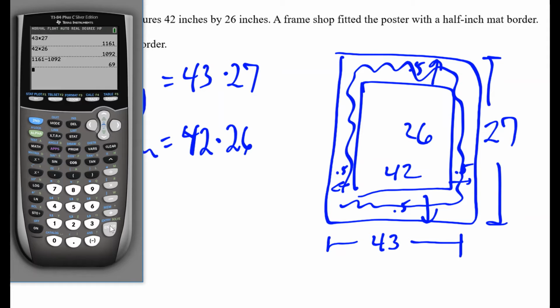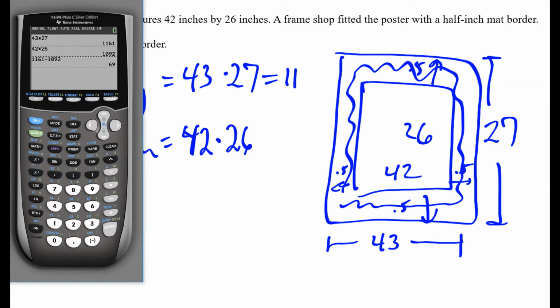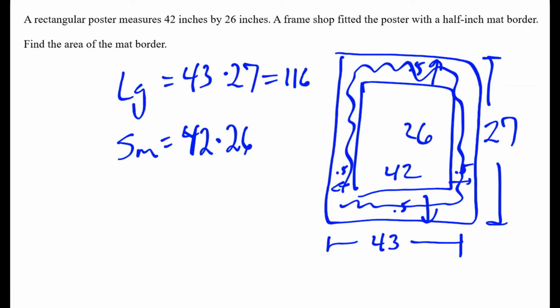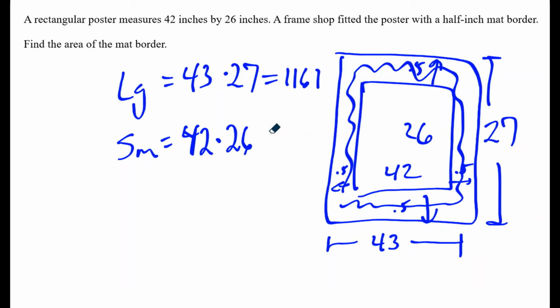And that gives us an answer of 69. So we got 1,161 minus 1,092 for this one. And if we subtract those, you got 69 square units. So that would be the area of the matting.